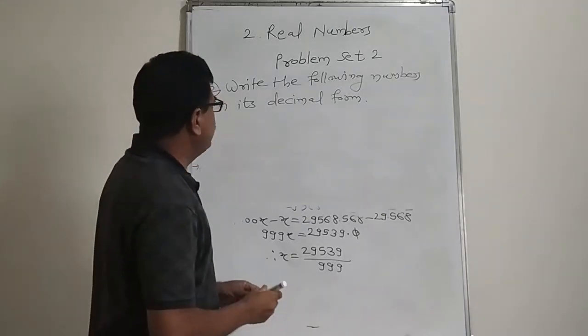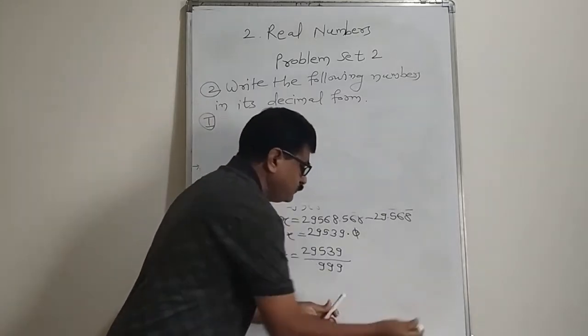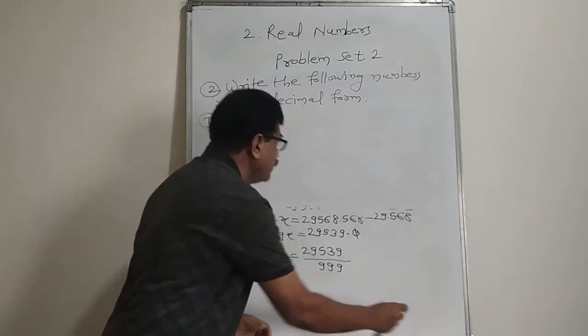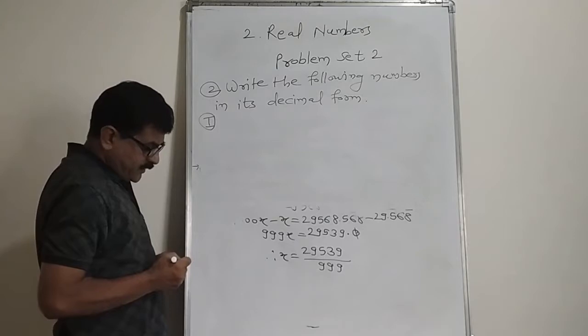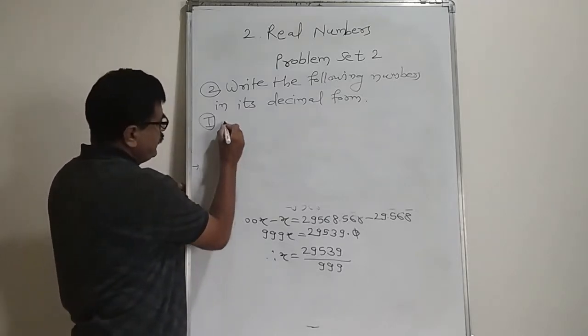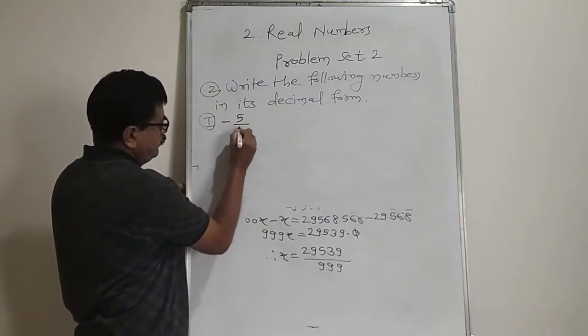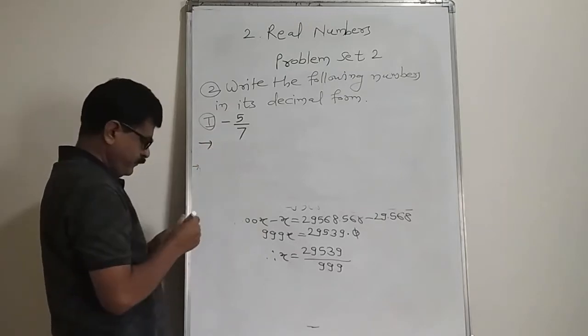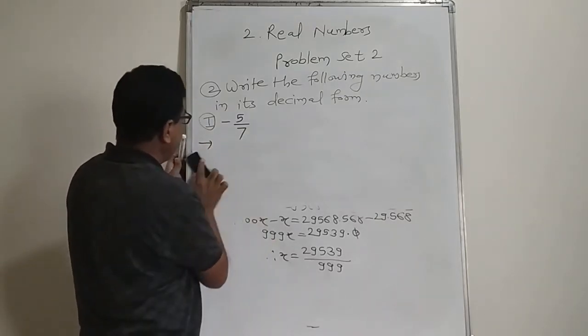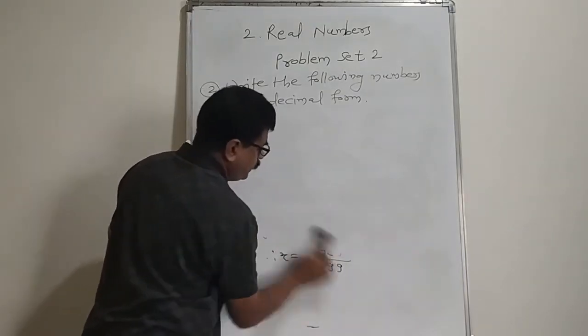Now, first example. First example is minus 5 upon 7. Now we have to write this in decimal form.